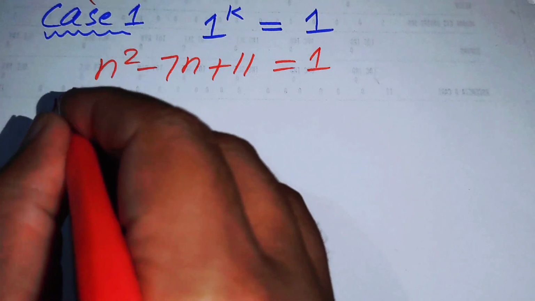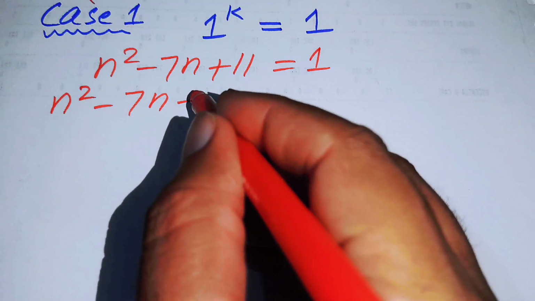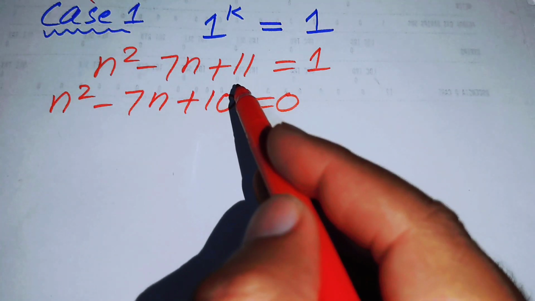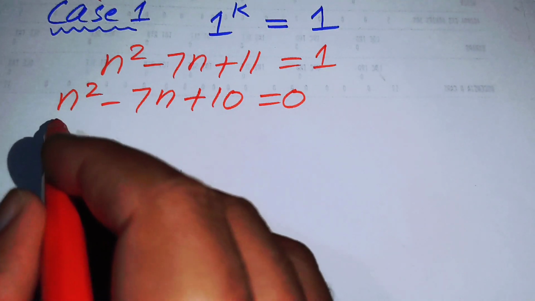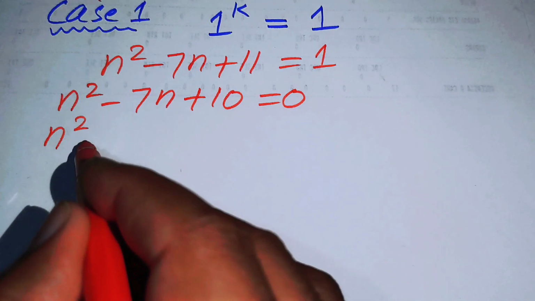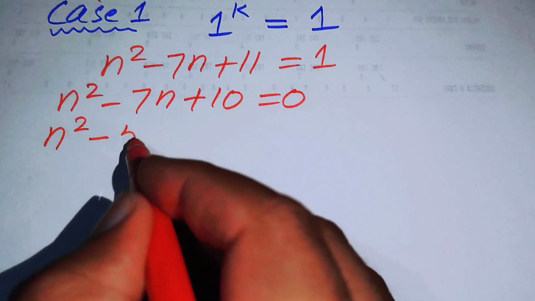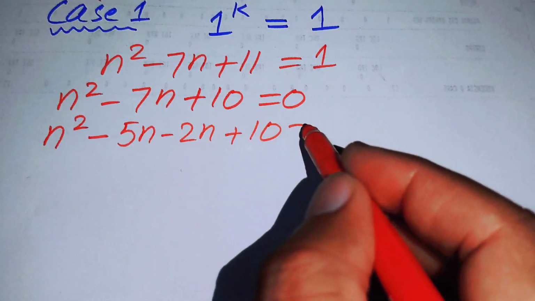Moving 1 to the left hand side, 11 minus 1 is 10, and you get n squared minus 7n plus 10 is equal to 0. Now we make the factors and you get n squared minus 5n minus 2n plus 10 is equal to 0.